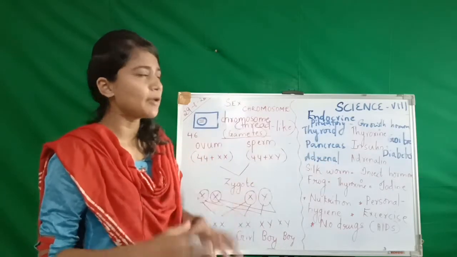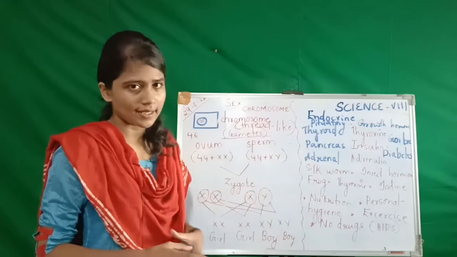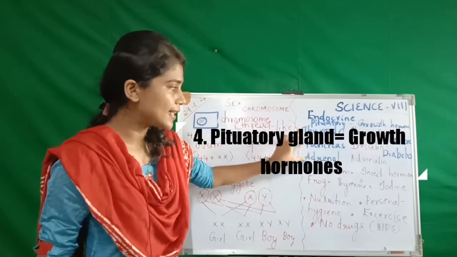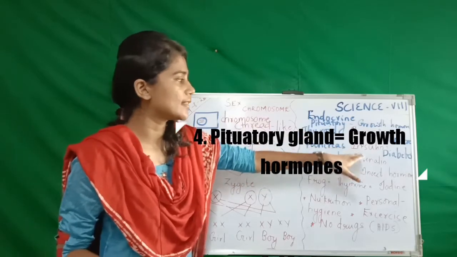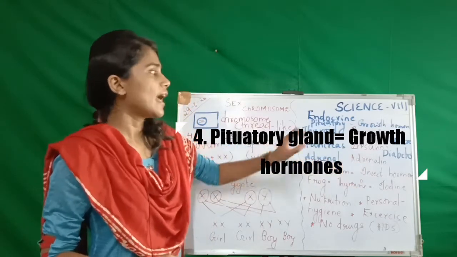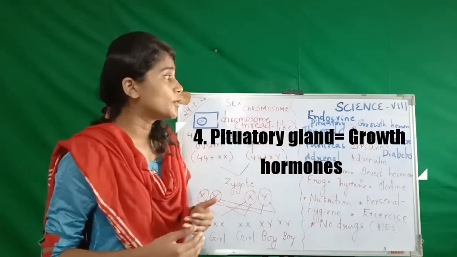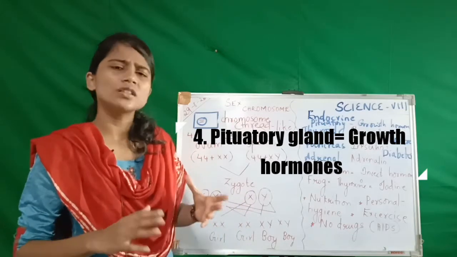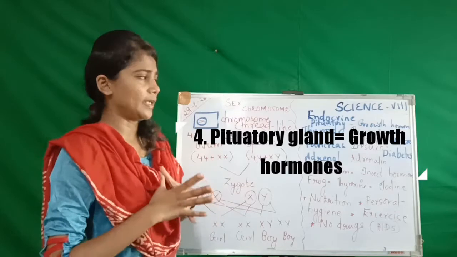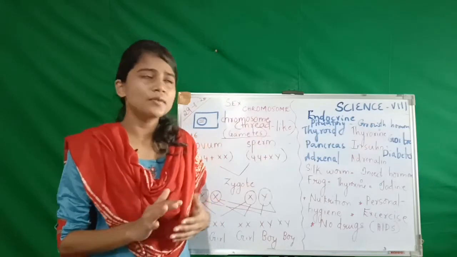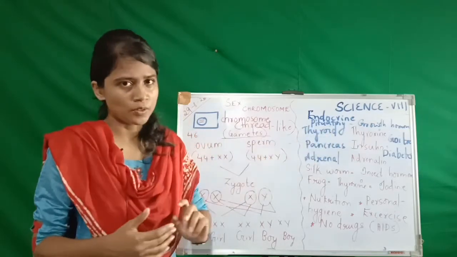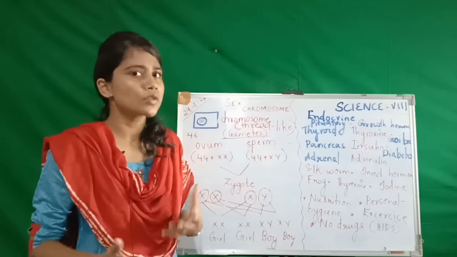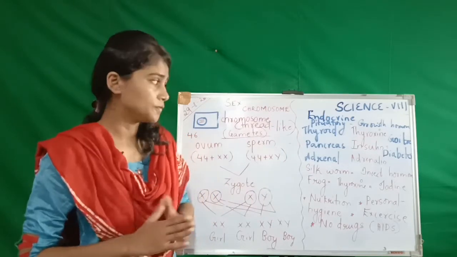Now the final and important one is the pituitary gland, and this pituitary gland controls the pancreas and the adrenal glands to produce insulin and adrenaline. The pituitary gland also produces a hormone called growth hormone that helps in the normal growth of a human being. Now you must be wondering, we have learned different hormones in human beings, whether animals or insects also produce hormones. Yes, they do.